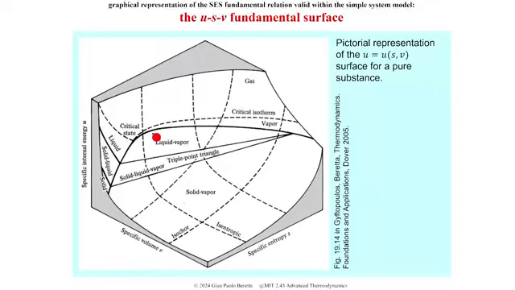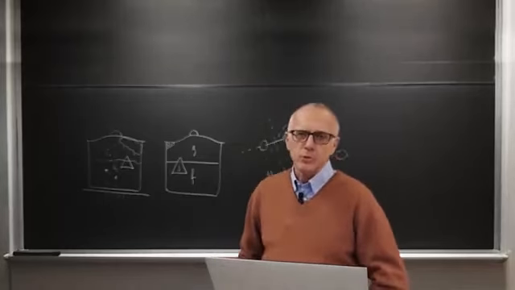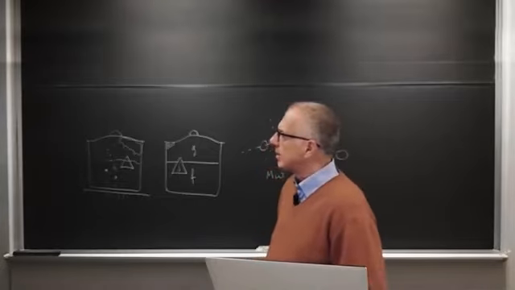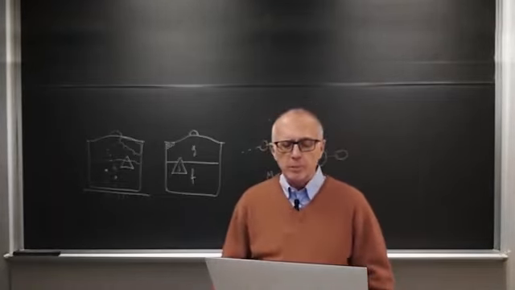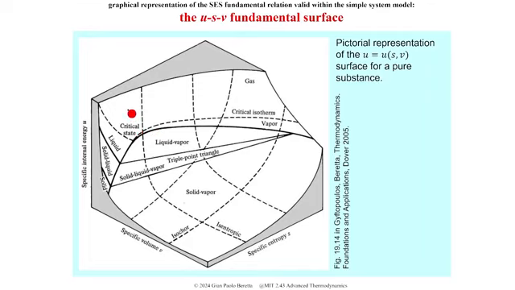Now, pictorially, you can represent properties of substances. Of course, you could do it in at most a three-dimensional visualization. And pictorially, this is what an energy versus volume versus entropy diagram would look like.